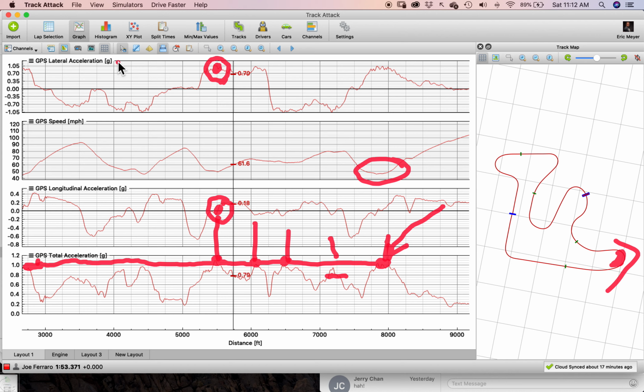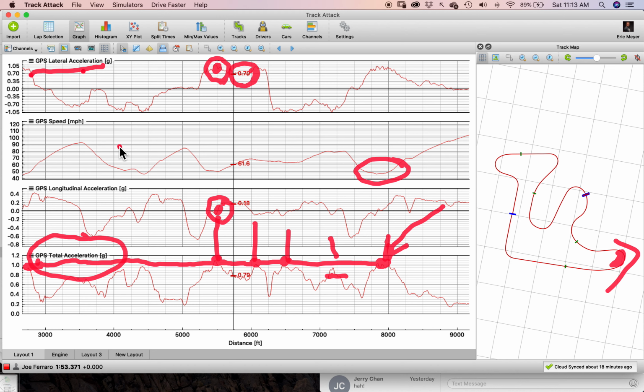The formula for total acceleration down here is the GPS lat value squared, which looks like 0.7 times 0.7.